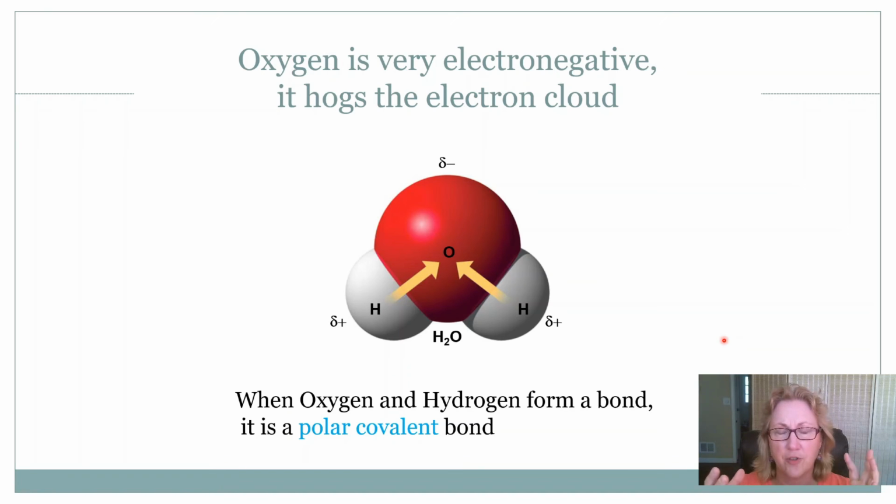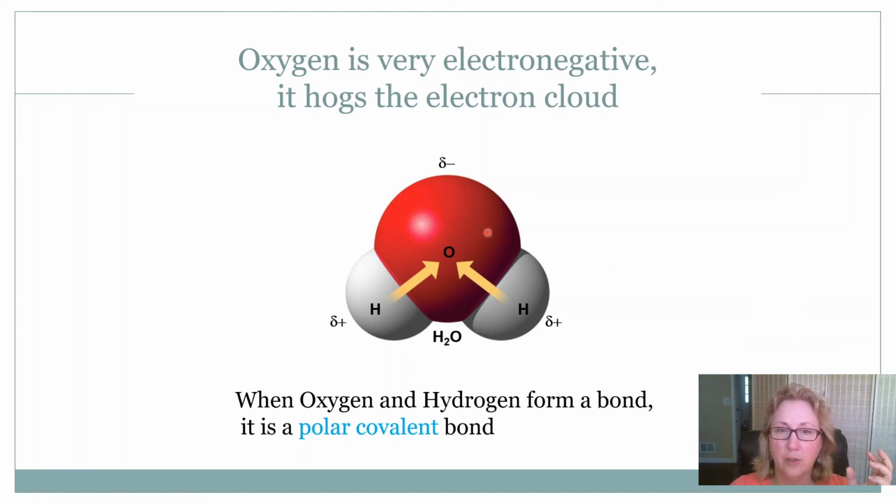So those electrons, remember, are buzzing around the nucleus in an electron cloud. Oxygen, if it's one of the atoms in a molecule, will draw the electrons to itself, and the electrons will spend more time buzzing around the oxygen than around the other atoms that are not electronegative.